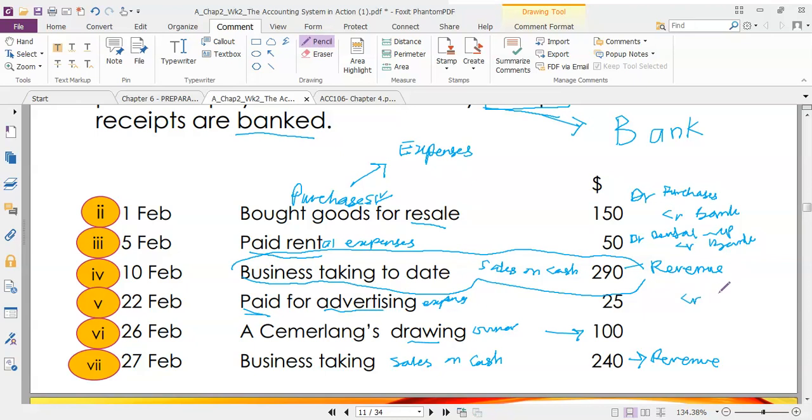Very good. So credit sales account. If our money is increased in the bank account, bank account is our asset. So increase in bank account, we must debit or credit for bank? Bank account, debit. Very good.